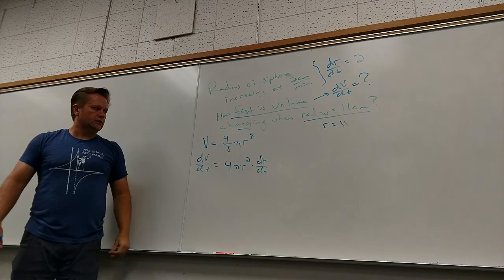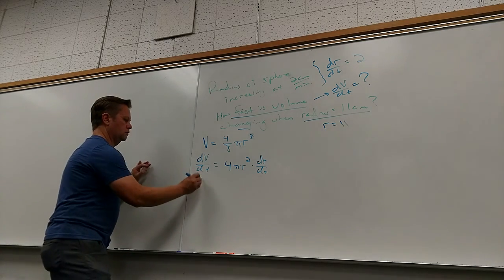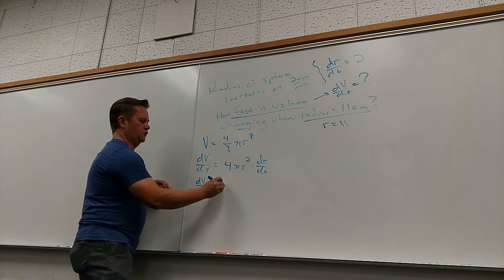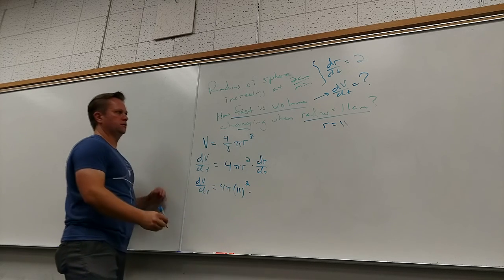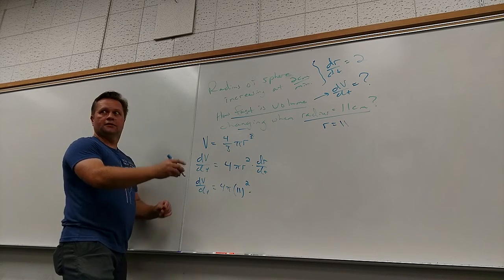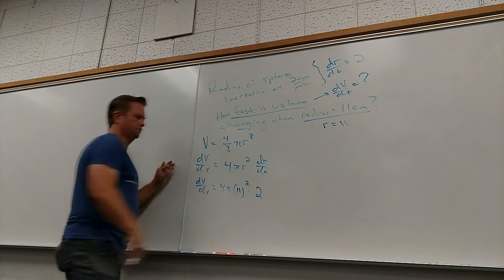Okay. Now you just plug and chug. dV/dt equals 4 pi 11 squared times 2.